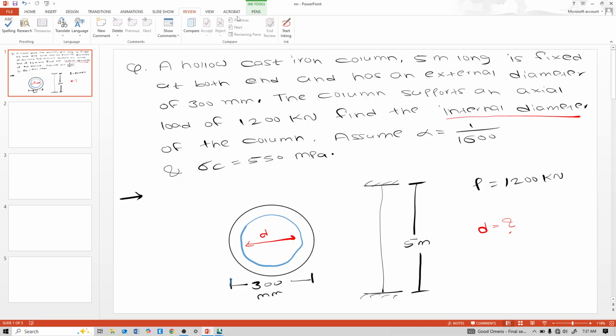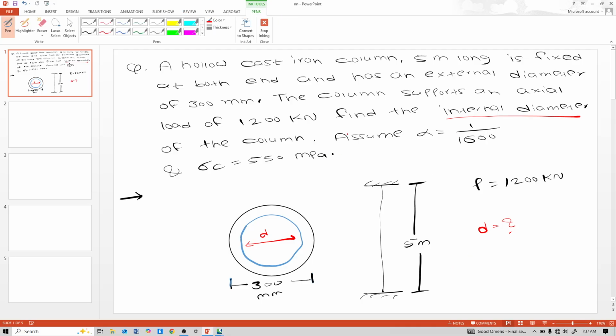Alpha is the Rankine constant, a given quantity, and sigma c is 550 MPa. So how to solve this numerical? How to get this d?